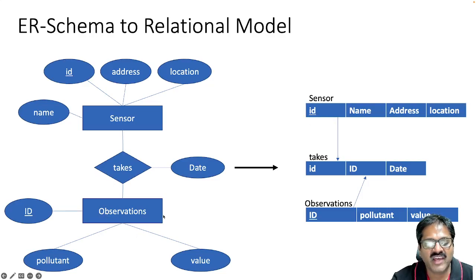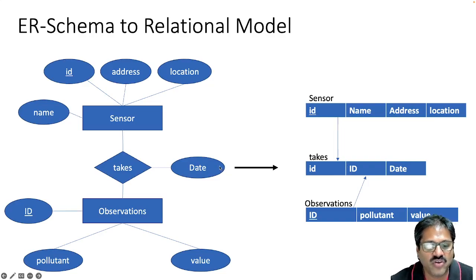Similarly, observations became the table name, and the attributes of observations became the columns. Observe that the unique keys of these entities are underlined. The underline still exists to represent that they are unique and they are the keys.